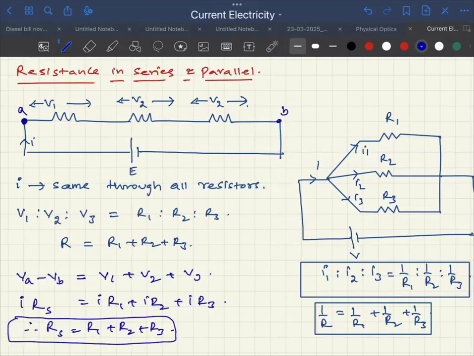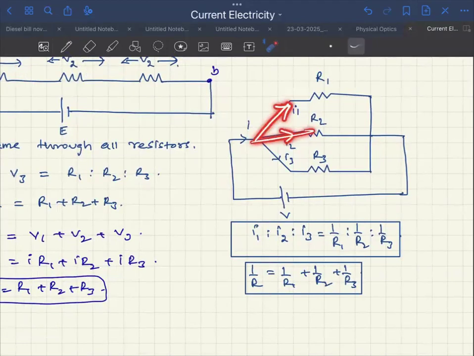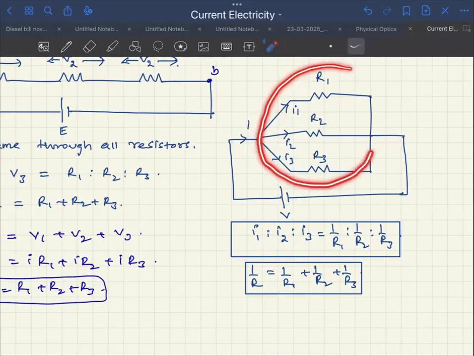Right. What about parallel? In parallel, you should see that there is a split. The major current that arrives here gets split like this: I1, I2, I3. But remember, for all these resistances, this end is common and this end is common.